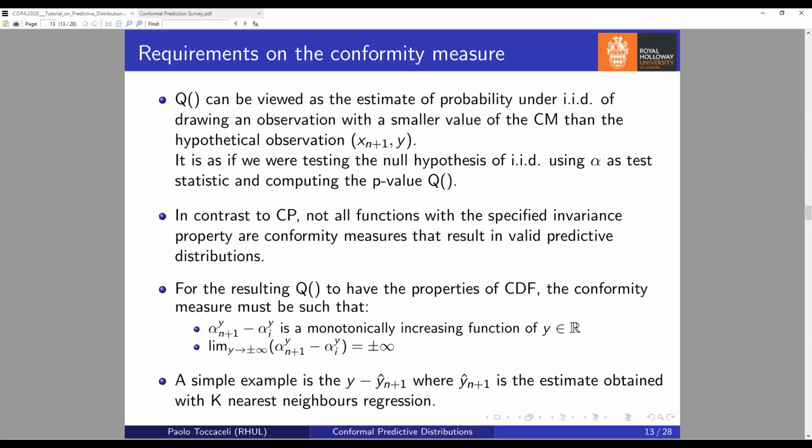And the limits of this difference for y that tends to plus infinity and minus infinity are respectively plus infinity and minus infinity. Not all choices for capital A result in these properties. One very simple case in which this happens is when I define as function capital A the difference between y and y hat with n plus 1, where y hat is the estimate obtained with k nearest neighbor regression.